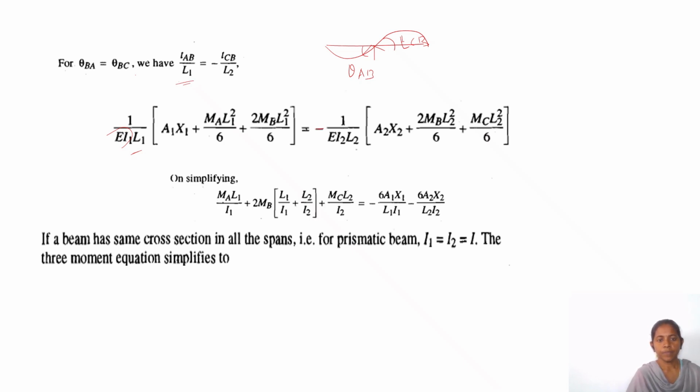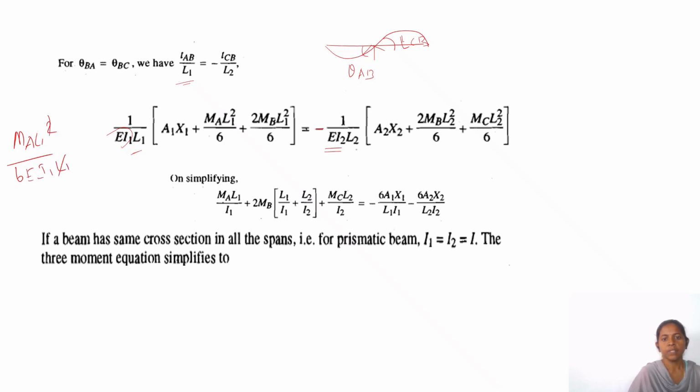Next, on simplifying, EI is common, so you can neglect this value. So how can it be simplified? You multiply inward MA L1 square by 6EI1 L1. So then that is MA into L1 square by 6 EI1 into L1.